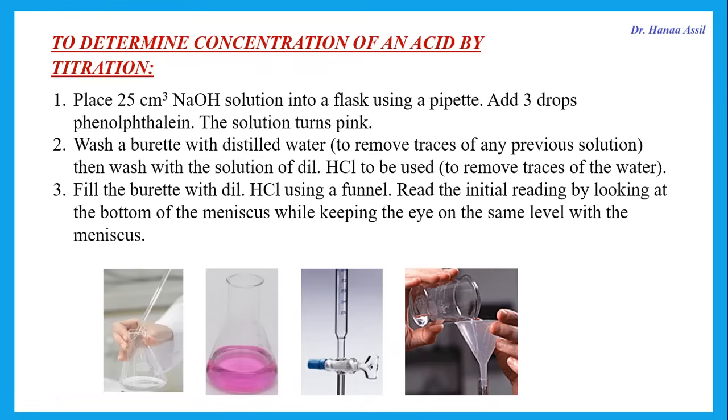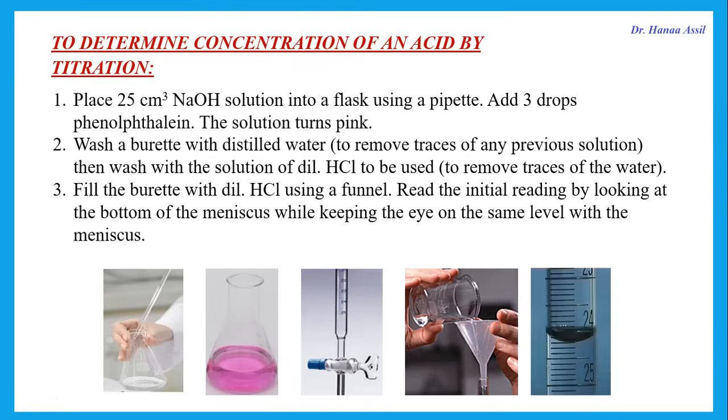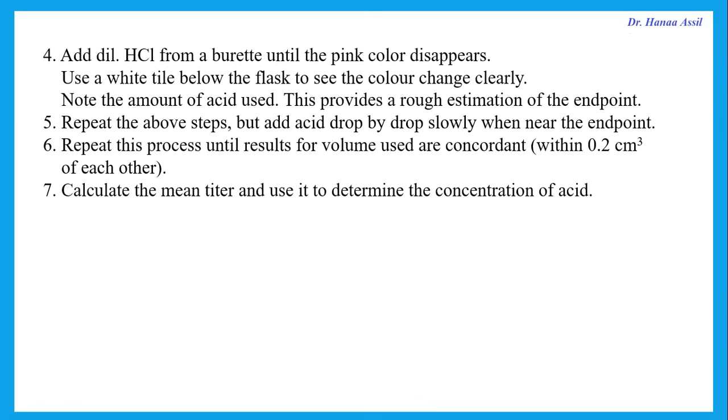And then I fill the burette with dilute HCl using a funnel, read the initial reading by looking at the bottom of the meniscus while keeping the eye on the same level with the meniscus. And then we add dilute HCl from a burette until the pink color disappears. We said phenolphthalein in base is pink, but once it is neutral, the pink color disappears.